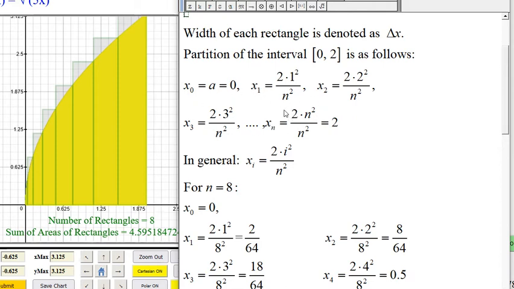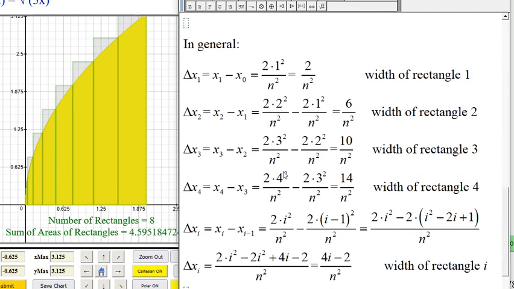There are many, many ways to define x of 0, x of 1, x of 2, and so on. But we chose to use this pattern. Whatever pattern we choose, the first must be 0, the last must be 2, since we're going from 0 to 2. But x of i, in general, is 2 times i squared divided by n squared.